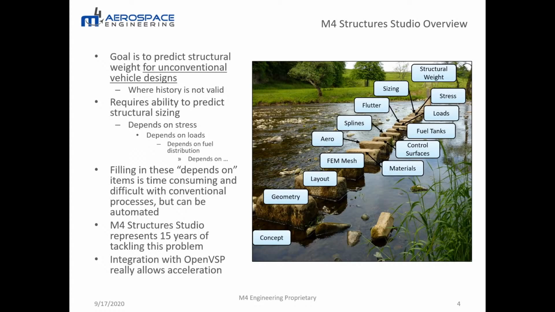So for these designs, we can start with a concept in geometry, say in OpenVSP, and proceed down a workflow, shown in this stepping stone image on the right, through constructing the structural layout, developing the FEM mesh, the aerodynamic panels for loads and boundary conditions, your materials, all the things you need to actually size an unconventional vehicle.